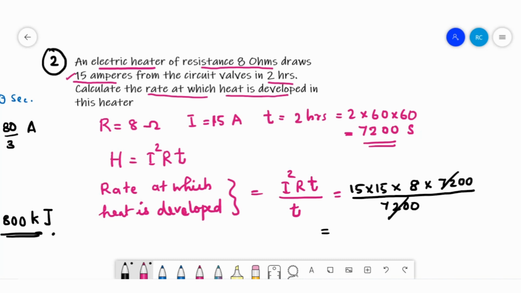So 15 into 15 is 225 into 8, which is equal to 1800 joules per second. So the rate at which heat is developed in this heater is 1800 joules per second. Thank you, children.